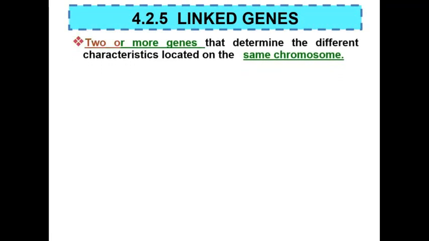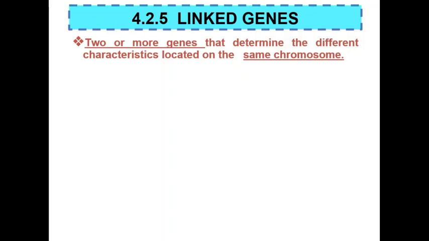Linked genes. It occurs when two or more genes that determine different characteristics are located on the same chromosome. There are two possibilities when it comes to linked genes. If the alleles are both located on an autosome, it is normally known as linked genes.